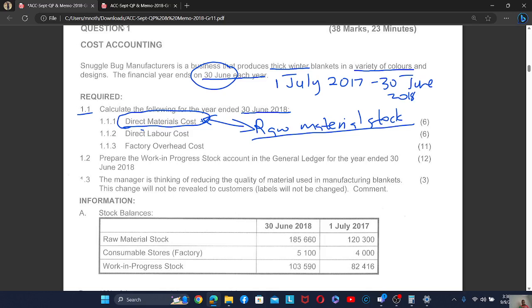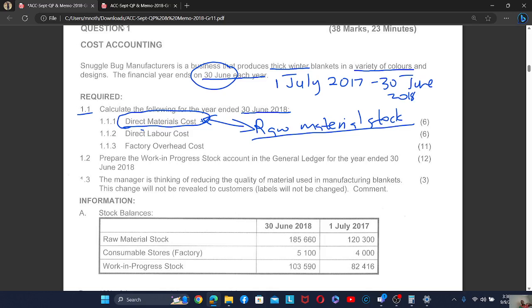Oh, so the raw material is in the factory and it's stored and it's not used. Yes. Once the factory wants to use some of the raw material, it is taken from the storeroom to the factory to be used.